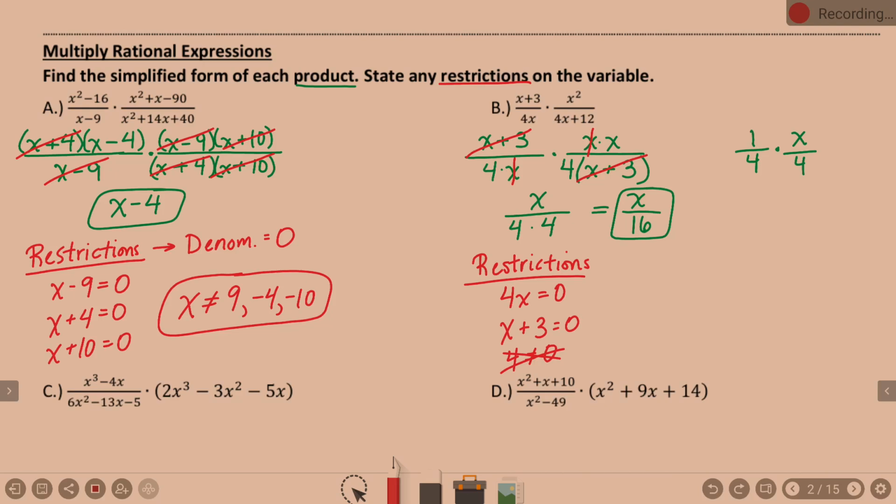In terms of x, if 4x equals 0, what happens? You divide by 4. 0 divided by 4 is 0. So you have a 0 there. If it's x plus 3, subtract the 3, and you have a negative 3. So x cannot equal 0 or negative 3 in this scenario. Okay?